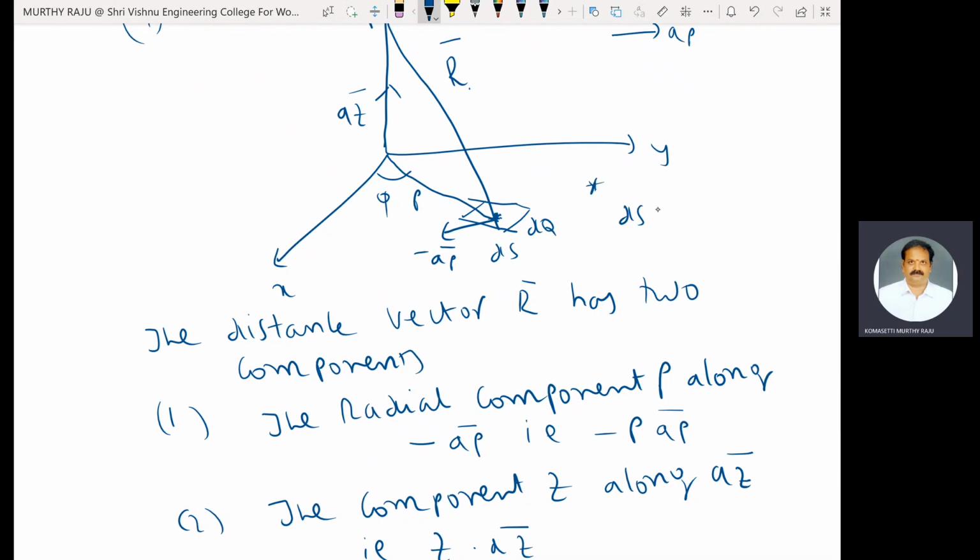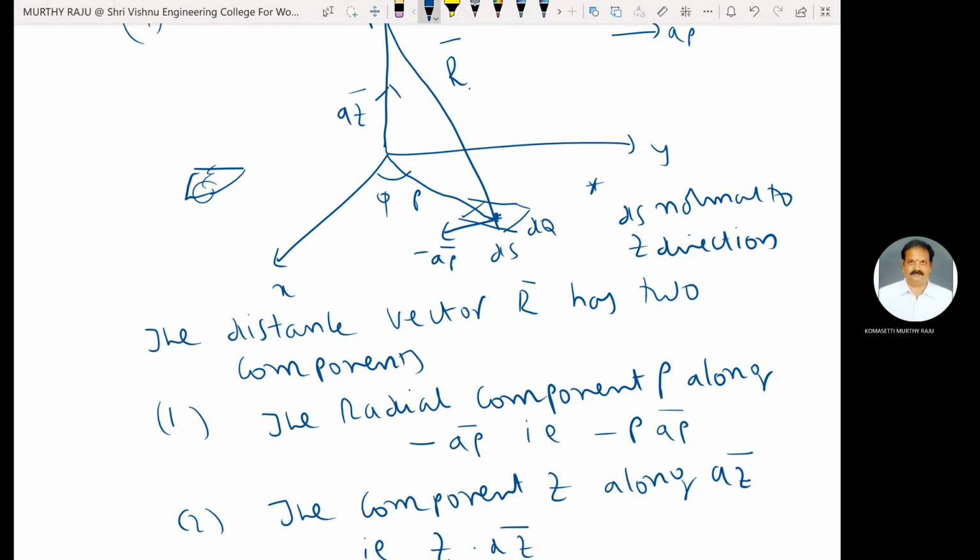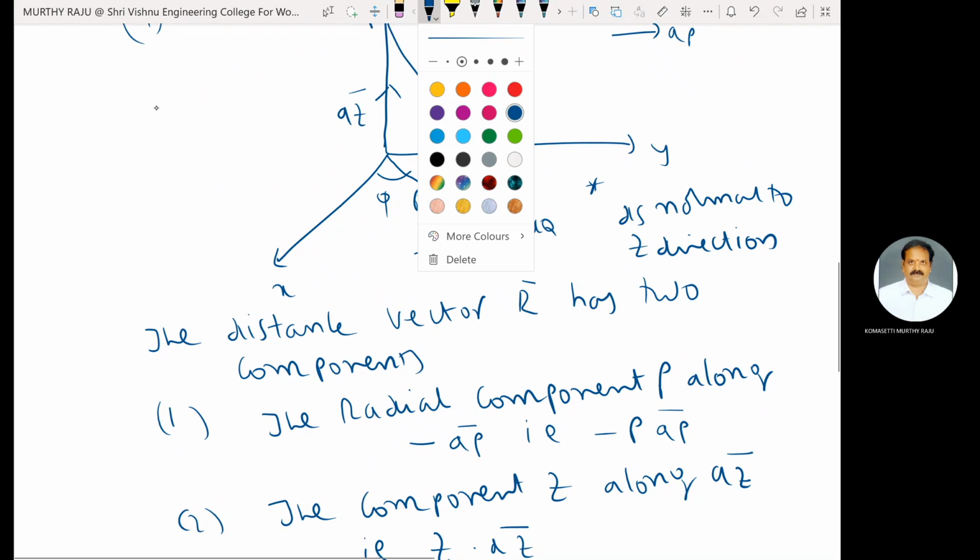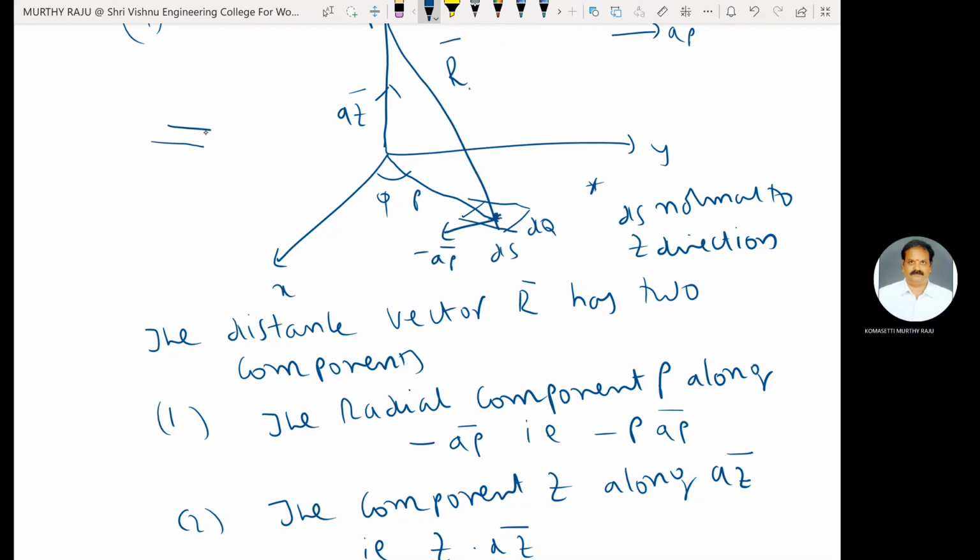The important point is that ds is normal to the z direction, so the normal is z. ds normal to z direction is rho d rho d phi. Z is not there.